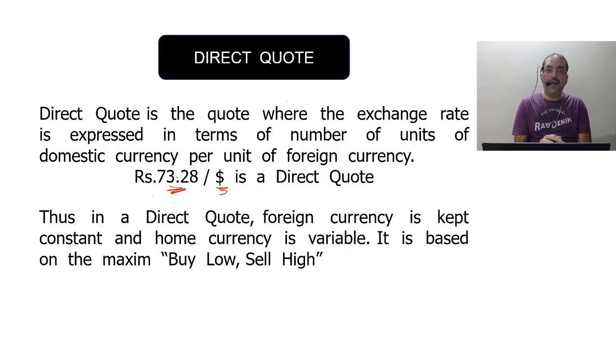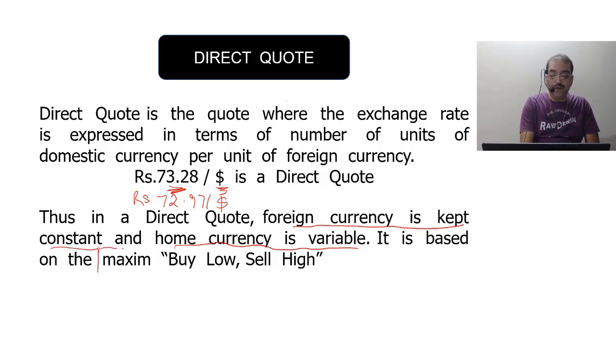So I will say today the rate is 73.28. Tomorrow it is, suppose I write tomorrow's rate or yesterday's rate. Yesterday's rate was say 72.97 per dollar. What is changing? Left hand side is changing. What is left hand side? Home currency. The home currency is variable. It is changing. What is fixed? 1 unit of foreign currency.